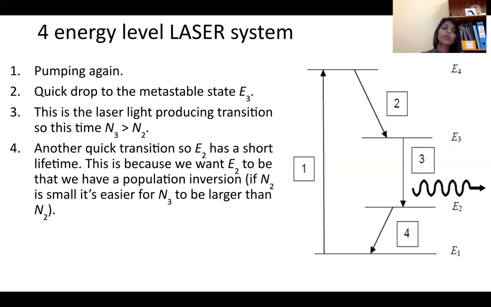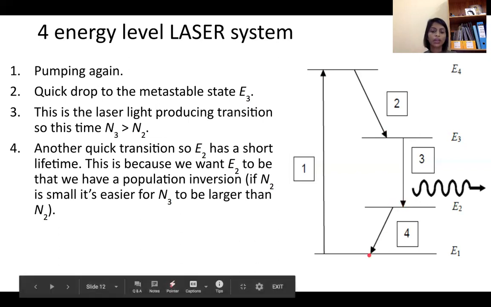If N2 is small, it's easier for N3 to be larger than N2. So we have a larger amount of N3 accumulated, and for these electrons to drop down to E2, we need to have vacancies at E2. Therefore, we need E2 electrons to quickly go back to the ground level.